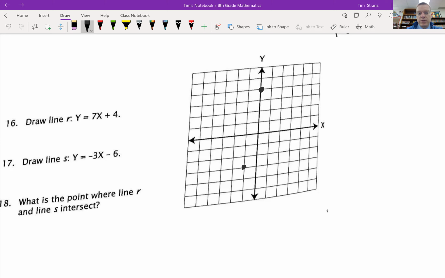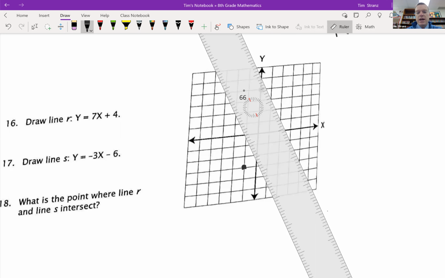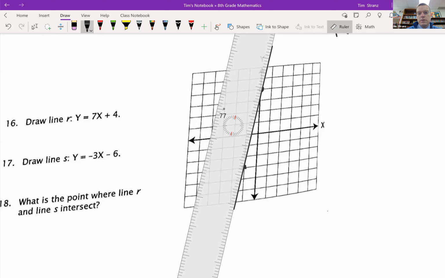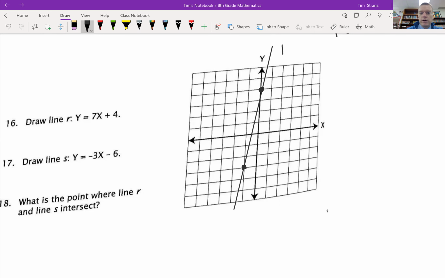So even though it's a positive slope, I'm actually going to count down and go the opposite way left to find where this line is going to intersect. So now I can draw my line. There it is. That is line R.